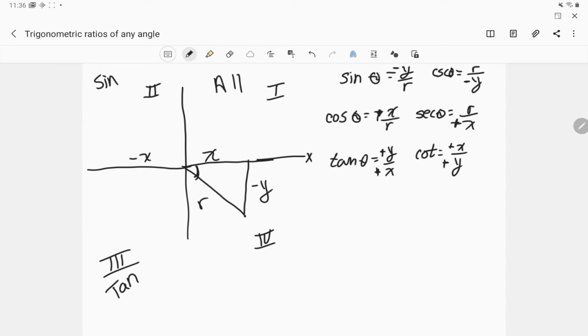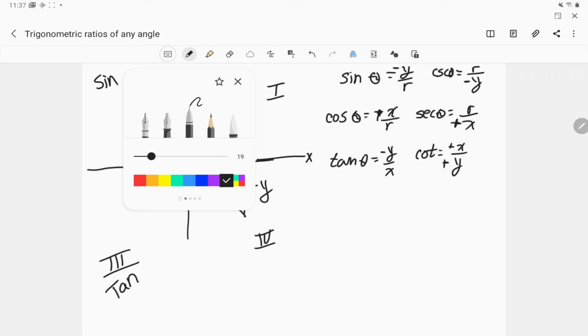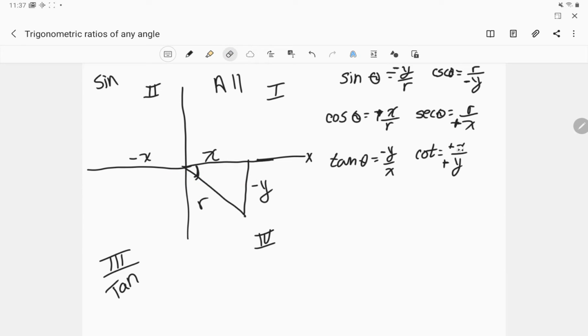My tangent has now changed, because tangent is opposite, which is negative y over positive x, so now it's negative again. And the same thing over here, it would be positive x over negative y. So notice the only thing that's positive is cos and its reciprocal.